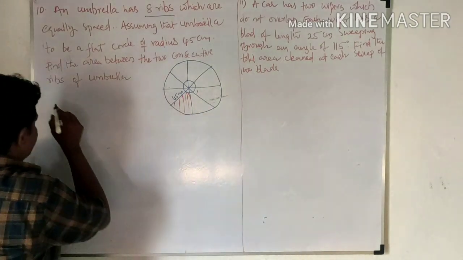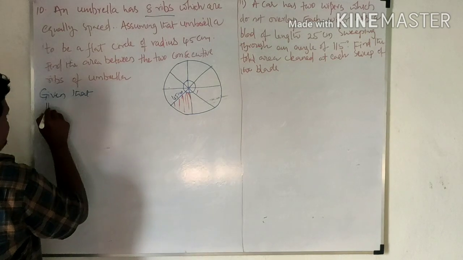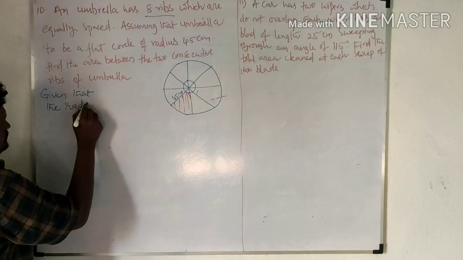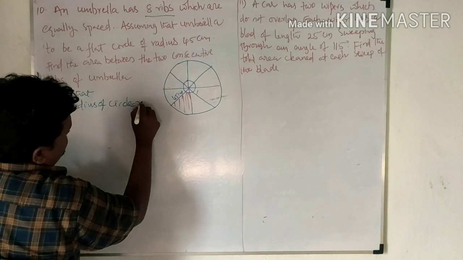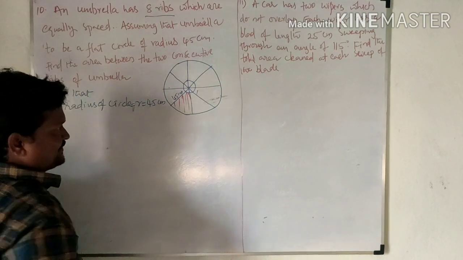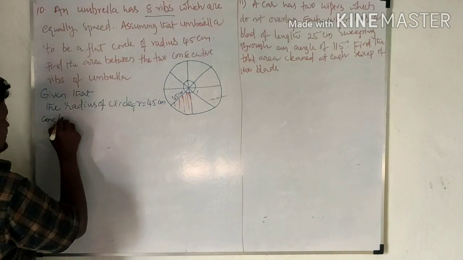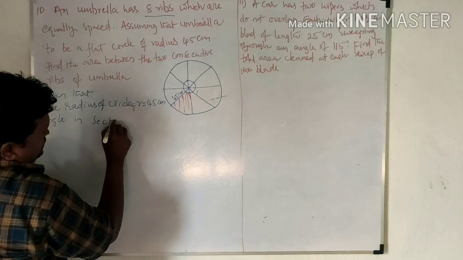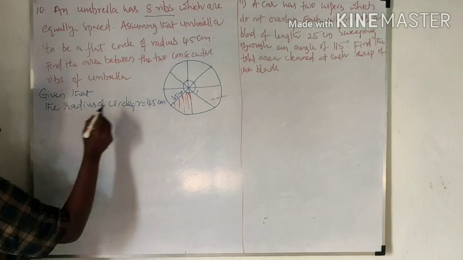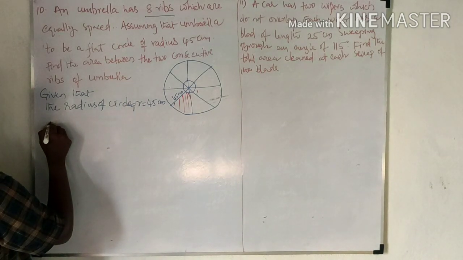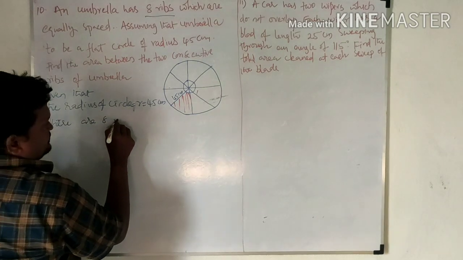So given that the radius of the circle is r equal to 45 centimeters. Now the angle in the sector, before that, how many ribs are there?